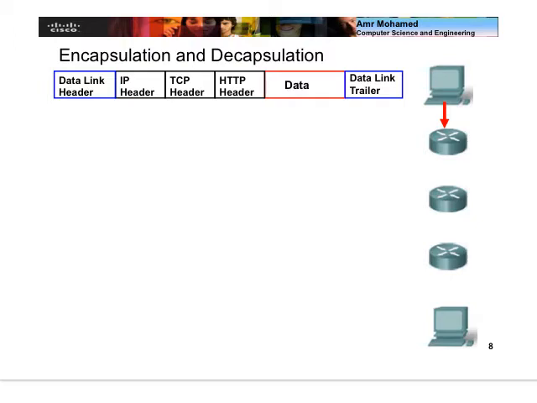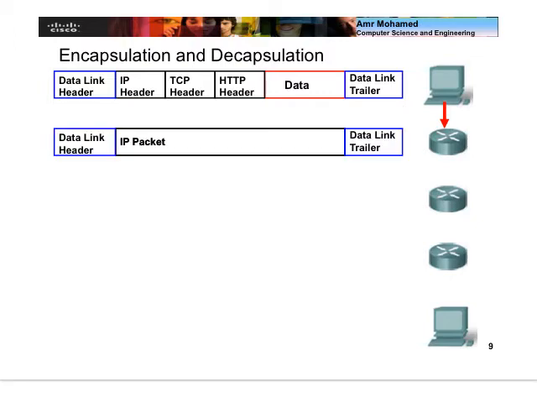Assuming that I want to send data, the host will form all these different headers from different layers all the way up to the physical layer. When we send this frame, the frame will go to the next router.